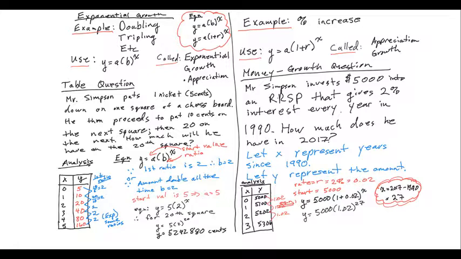So you calculate, and with rounding, we get y is equal to $8,534.34. So Mr. Simpson has $8,534.34 by 2017. And we're done.